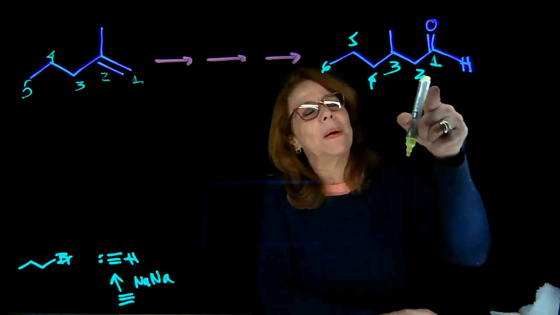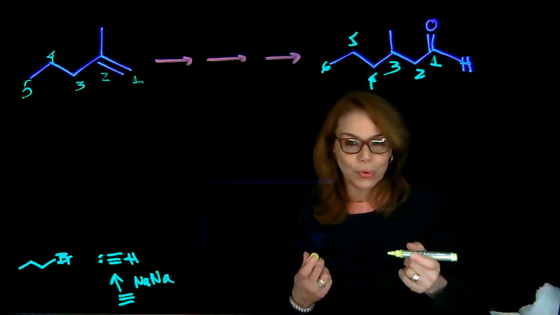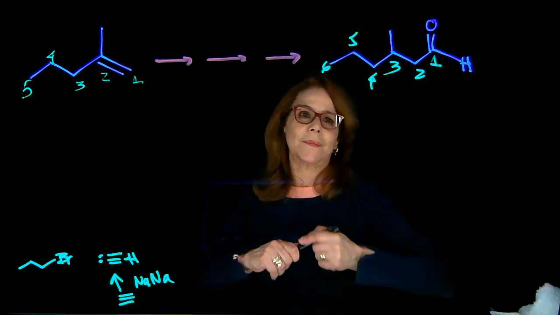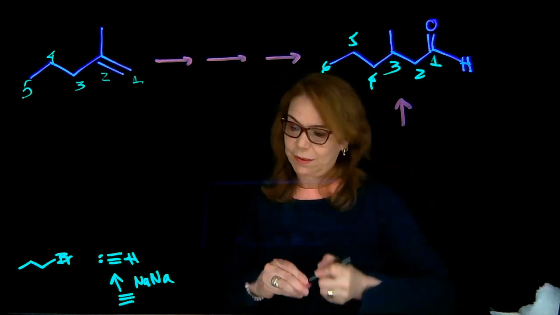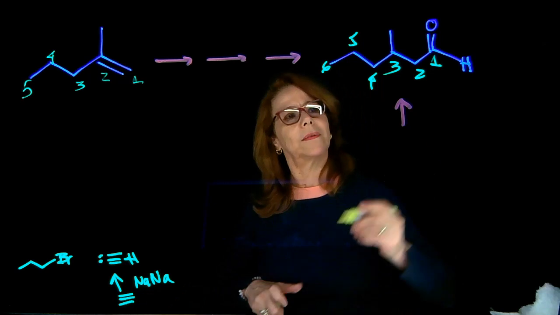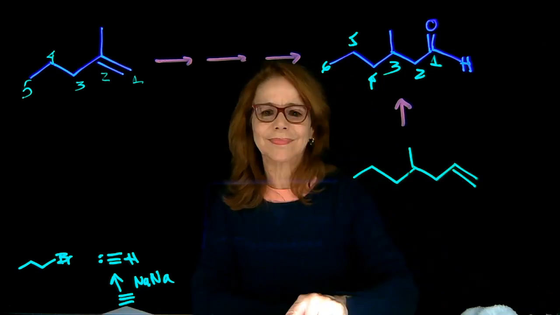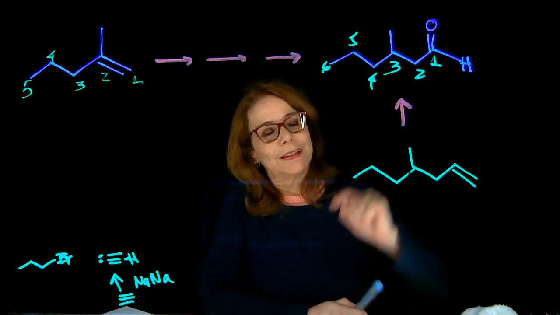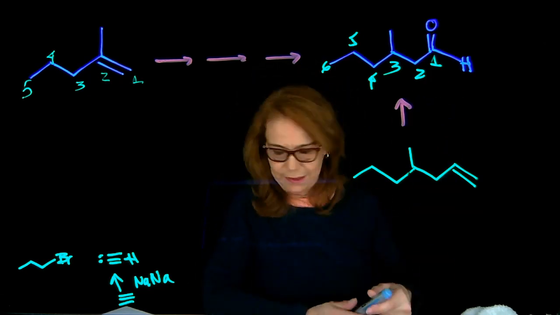But I can make aldehydes from ozonolysis of alkenes. So let's think backwards. Let's figure out what alkene I would need. So I can make the aldehyde here from the ozonolysis of the alkene below.